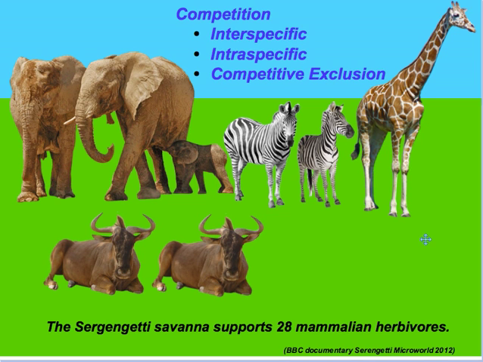Okay, so there are some other kinds of interactions, and from our video that we looked at on the Serengeti microworld, we might recall that we heard that there were 28 mammalian herbivores that live on the Serengeti plains, and do they all have the same niche because they are living in the same place, feeding basically at the same trophic level?